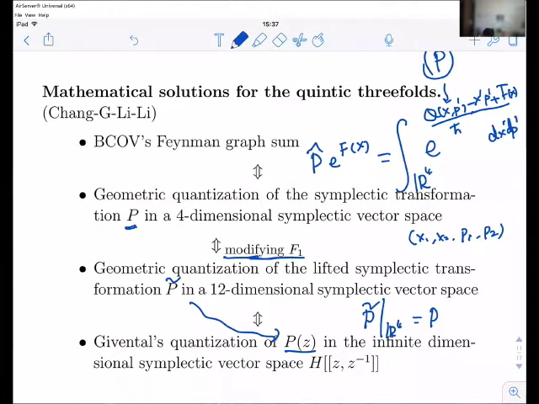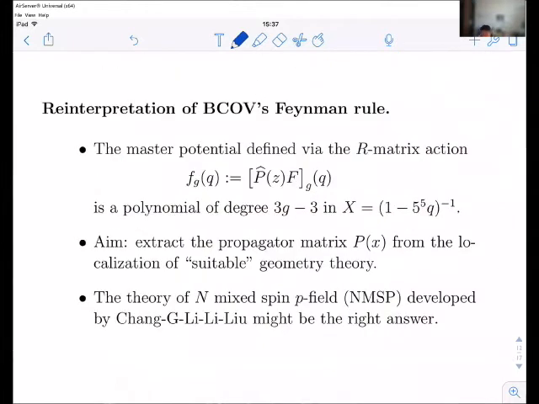Okay, now the BCOV's Feynman rule. To solve this, the problem becomes that we consider the mass potential defined by the quantization acting by this R matrix action. The R matrix action usually means the Givental quantization. So here we define this mass potential by the quantization action on this F_g.